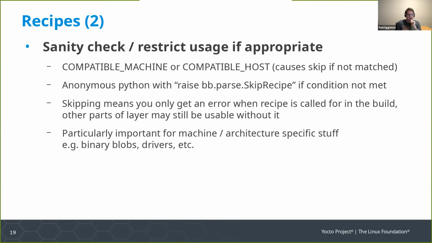And this is quite a good way to do it because if the recipe is skipped, if you call for that recipe, if there's a dependency on it, or you explicitly try and build it directly, it'll give you an error, but otherwise it'll just be silently ignored, and that'll allow you to use other components of the layer if you're not using that recipe.